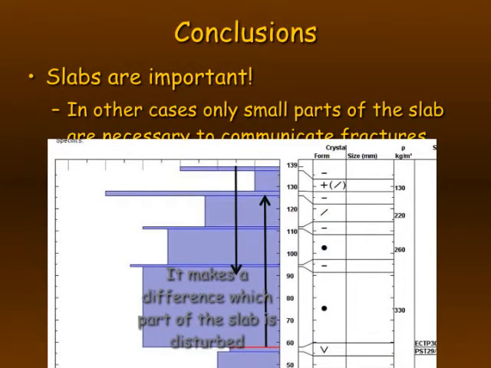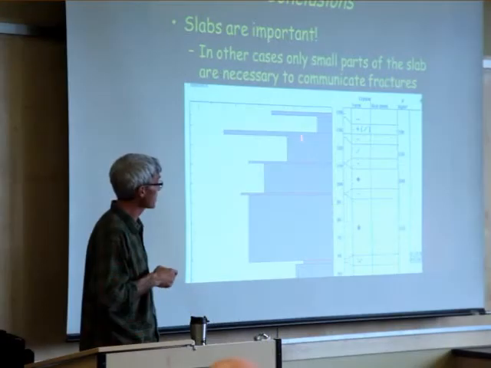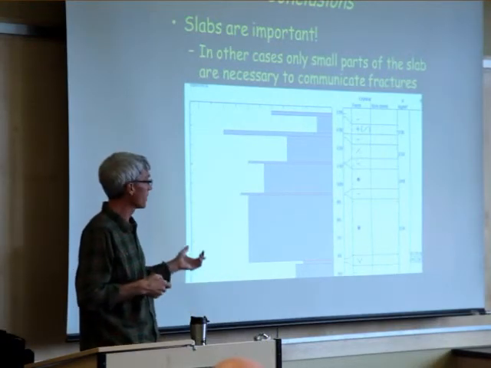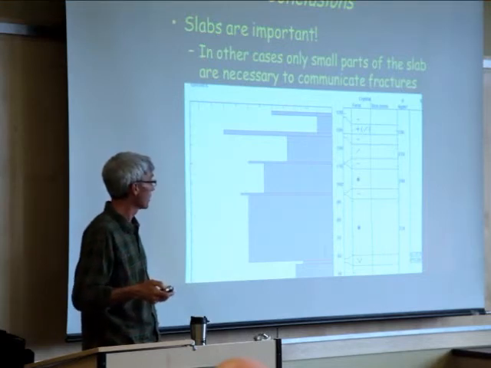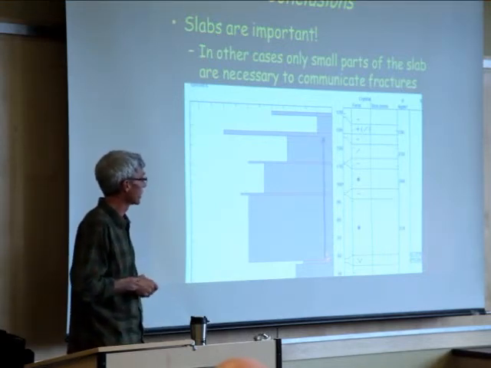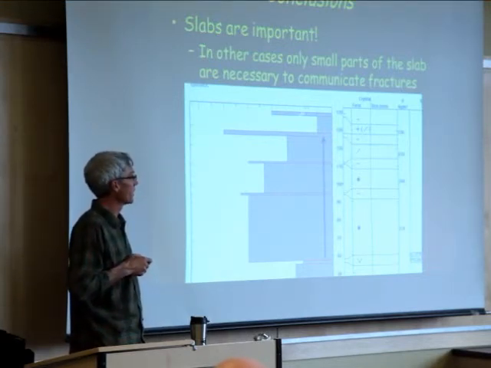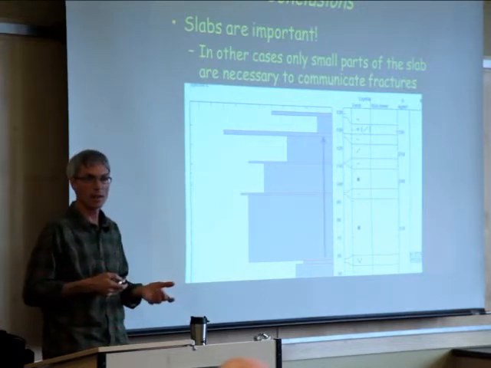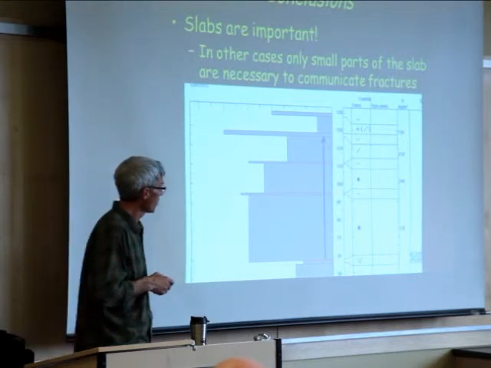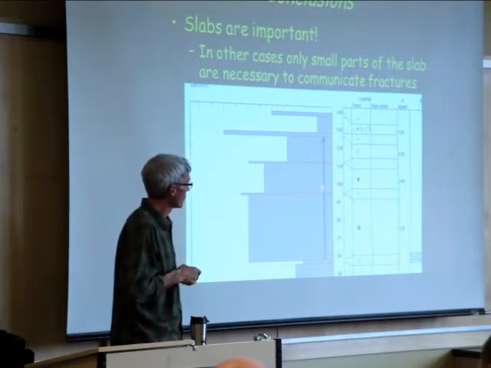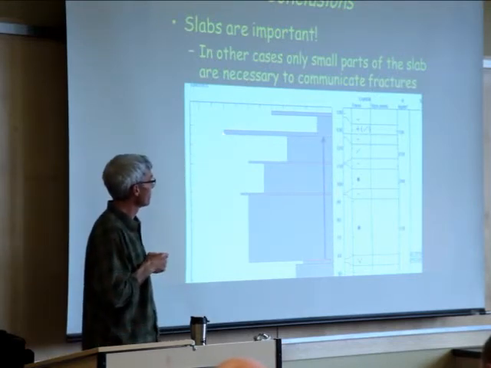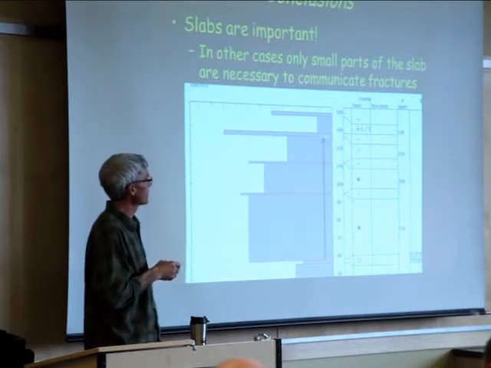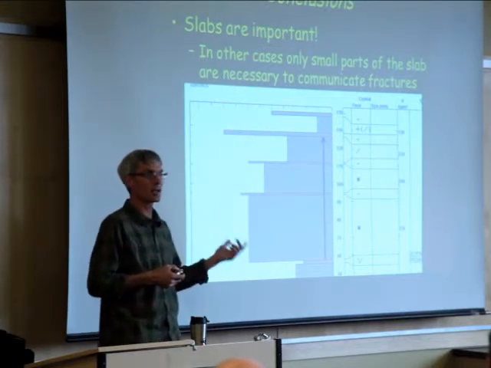We have other cases where only small parts of the slab are necessary to communicate fractures. So this is the snow pit of that one day I was showing you. Here's how far we cut from the weak layer all the way up to here. And this top stuff here was capable of communicating the fracture. Interestingly, one of the times when Eric and I did this, we cut up here and we thought, it's got to be only this knife-hard layer that is communicating the fracture, right?